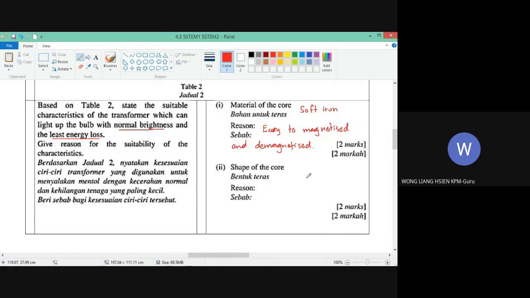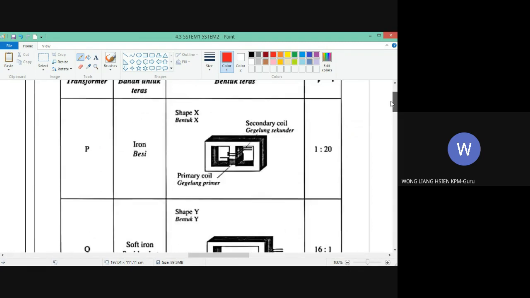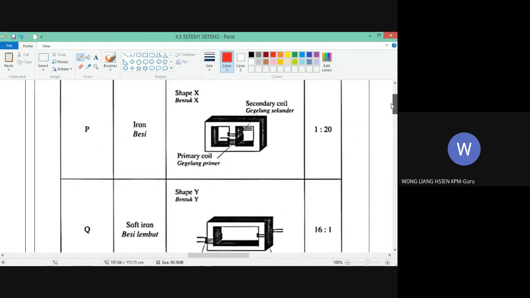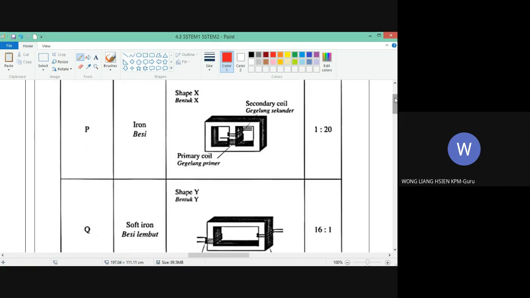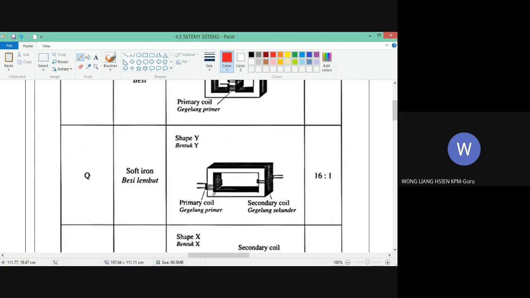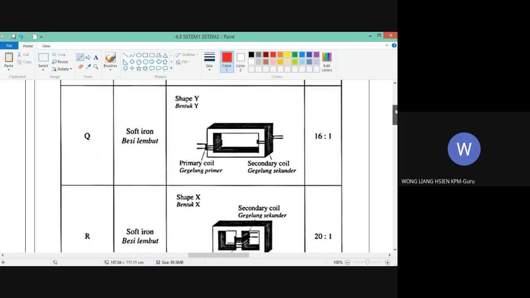Shape of the core. You have a shape X or shape Y. So the best is shape X, because shape X, you see the primary coil, secondary coil, they wound together. Shape Y, they wound separately. So cannot help in increase the leakage of magnetic flux.